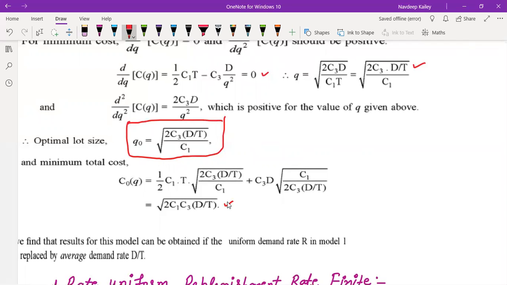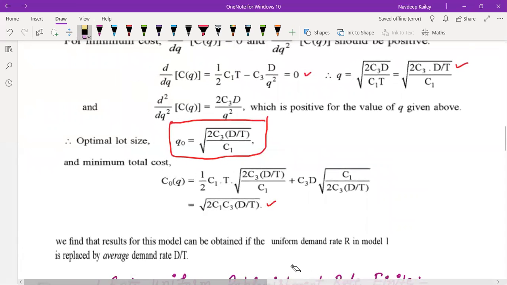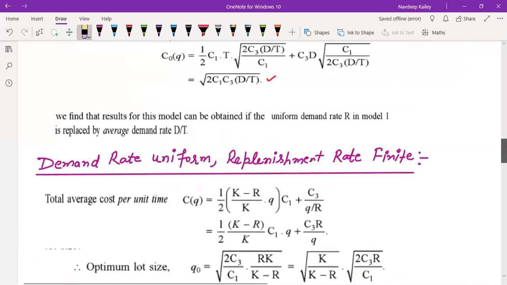Also, we find that results for this model can be obtained if the uniform demand rate capital R in model 1 is replaced by average demand rate capital D by capital T. Now, in the classical economic order quantity model, the replenishment rate was assumed to be infinite.